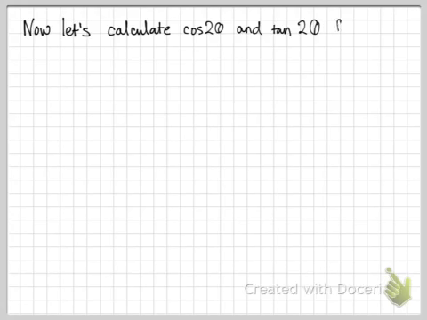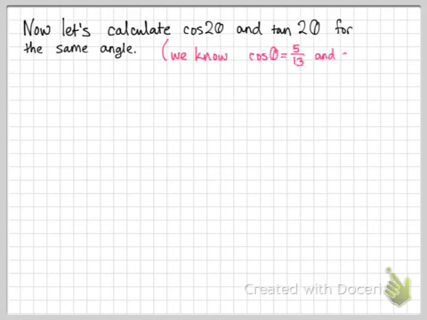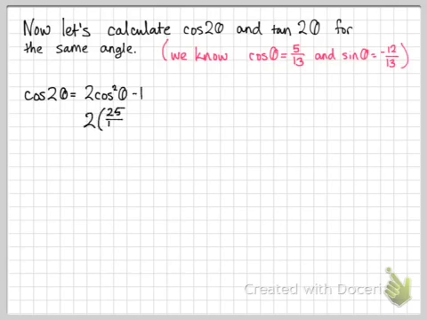While we're here, let's go ahead and calculate cosine of 2 theta and tangent of 2 theta for practice. Now, you know that we already know what sine and cosine are, so this makes our job a little bit easier. Cosine of 2 theta is equal to 3 different things, and it's completely arbitrary which one you use, so this time I'm just using 2 cosine squared theta minus 1.